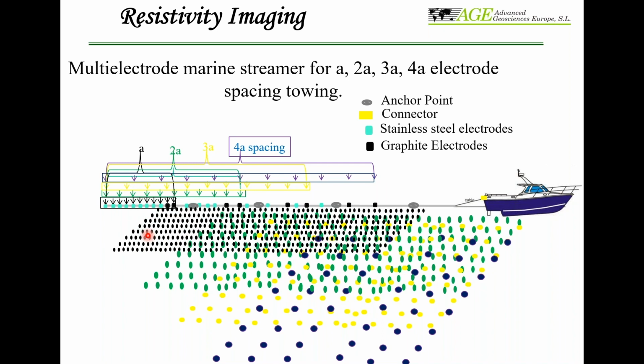But if you want to get deeper, you can come back along the same line and change the anchor point connection. You also change the adapter on the instrument. This kind of multi-streamer comes with different adapters, or one cable comes with a switch box, and you can make different command files for this.